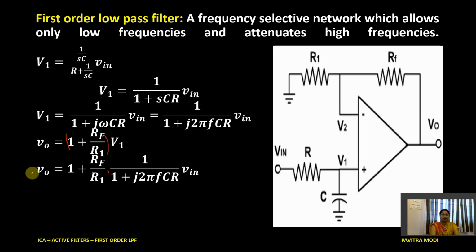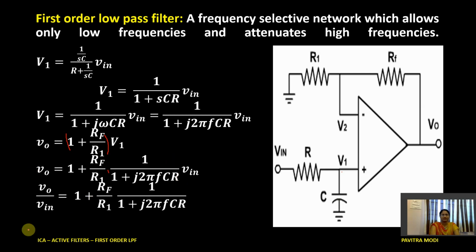To talk of the gain, V0 by Vin, we can write it as (1 plus RF by R1) into 1 by (1 plus j 2 pi f CR). From this we can't justify whether it is a low pass filter or not.